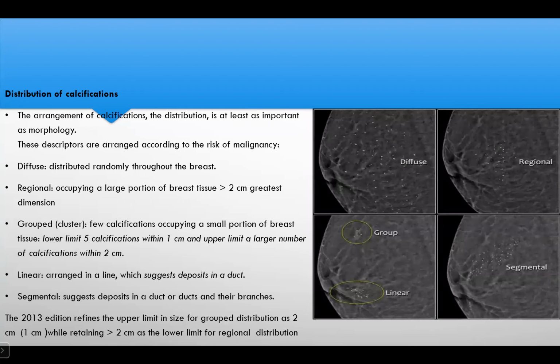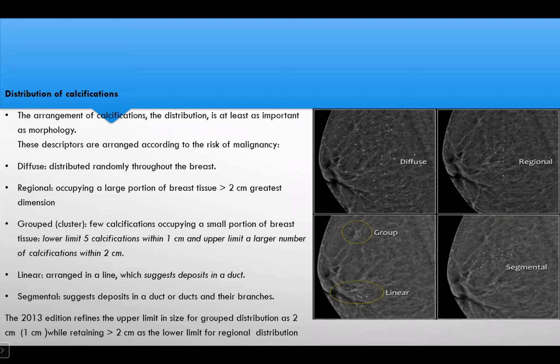The distribution of calcifications is at least as important as morphology. This includes diffuse, distributed randomly throughout the breast; regional, occupying a large portion of breast tissue, more than 2 cm; and grouped or clustered, a few calcifications occupying a small portion of breast tissue, with a lower limit of 5 calcifications within 1 cm and an upper limit of a larger number of calcifications within 2 cm.